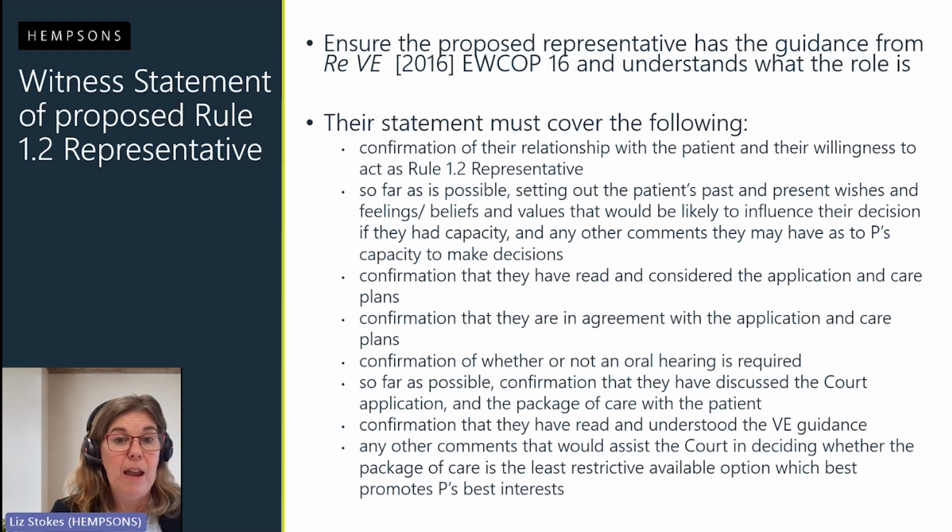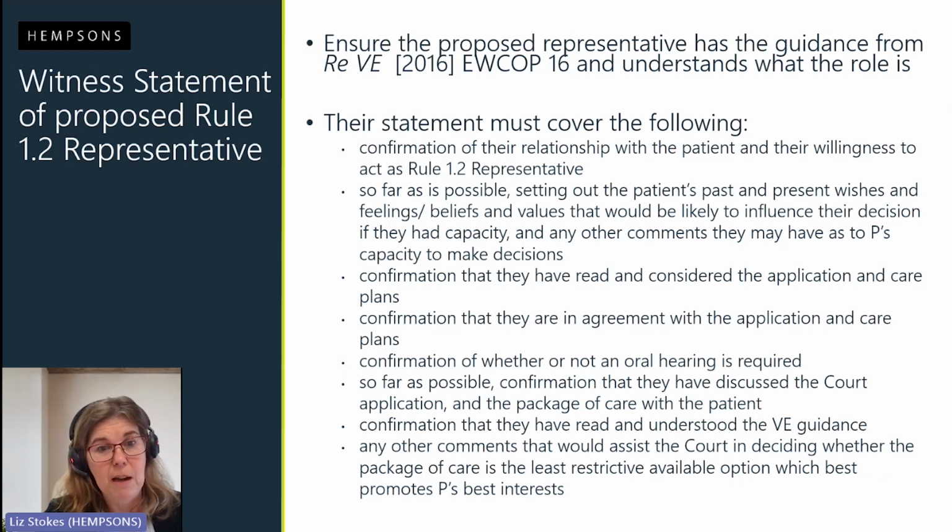They agree that P has had decisions made in their best interests. They have to have sight of the care plans and the proposals for care plans and transition plans and the application in order for them to be able to confirm this. They also need to confirm whether they consider an oral hearing as required, and they need to confirm as far as possible that the package of care is in that person's best interest.